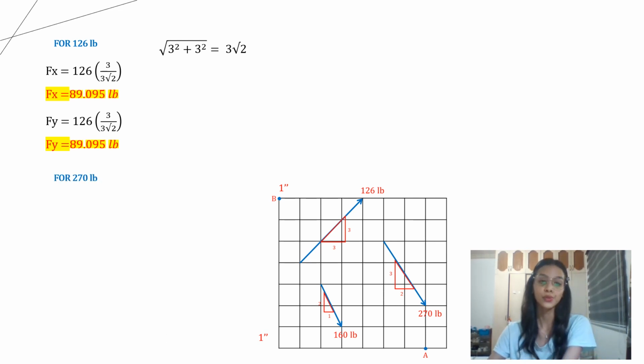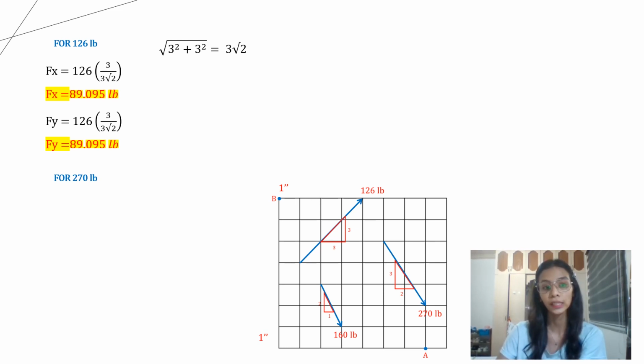For our force of 270 pounds pointing downward, first we compute the slope, so it is the square root of 2 squared plus 3 squared, equal to the square root of 13.